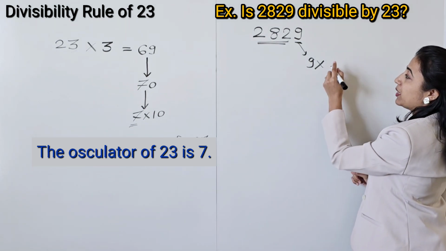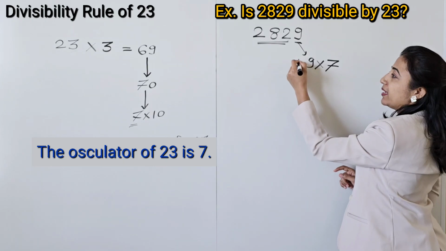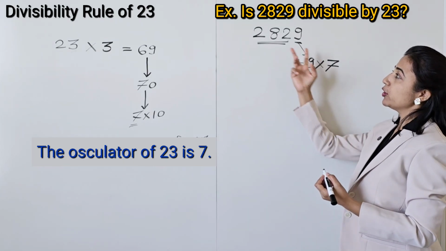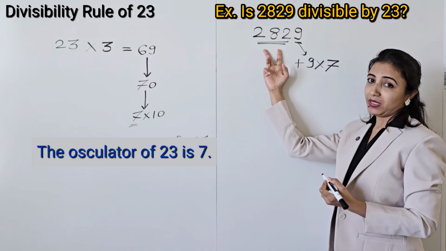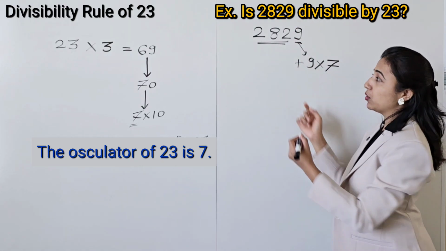So multiply the last digit by 7, and add the remaining number to it. Whatever product you get, you have to add the remaining part of the number. Here, if we skip the last digit, this is the remaining part of the number.